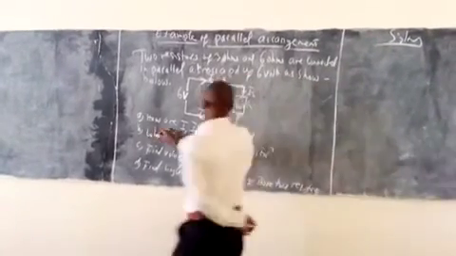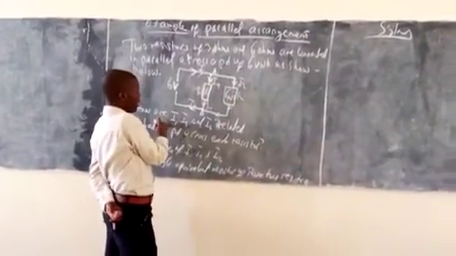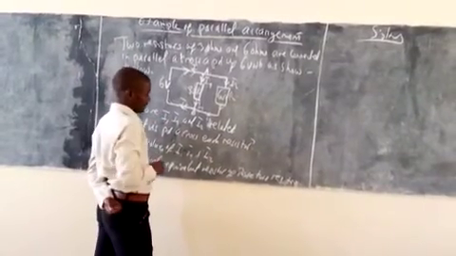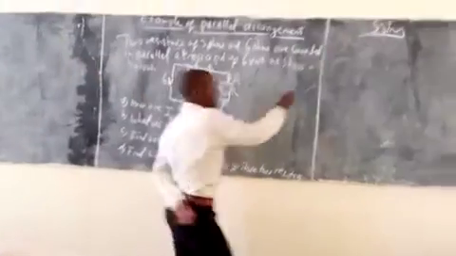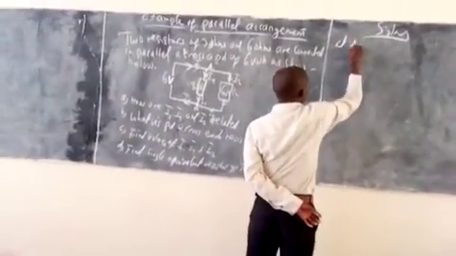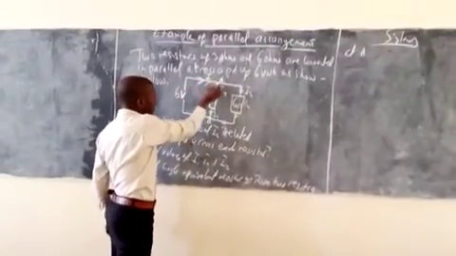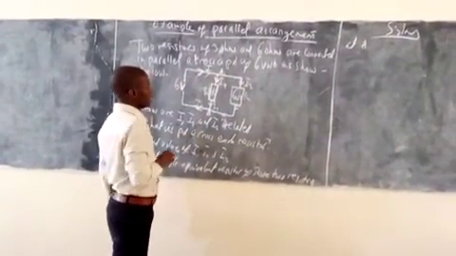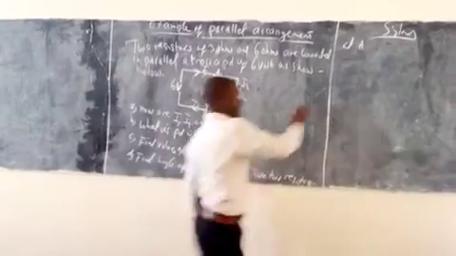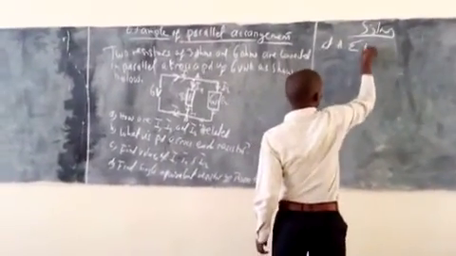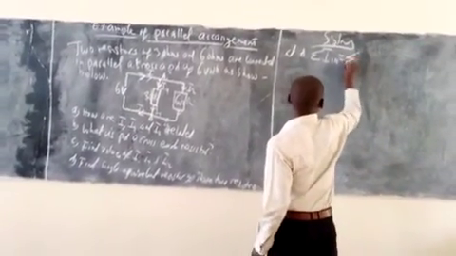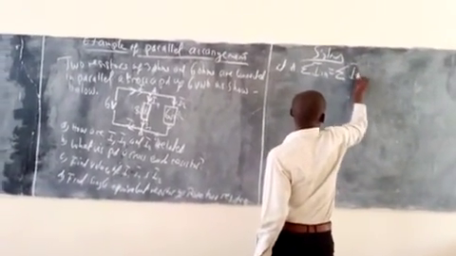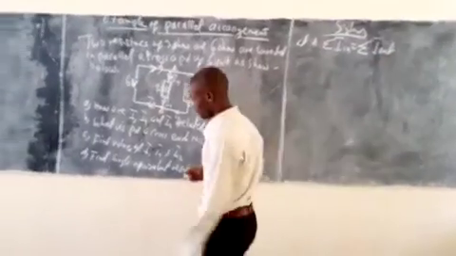Number A says, how are I1, I2, and I related? So here we have to use Kirchhoff's law at junction A. Kirchhoff's law says that the sum of current entering a junction will be equal to the sum of current leaving the junction.